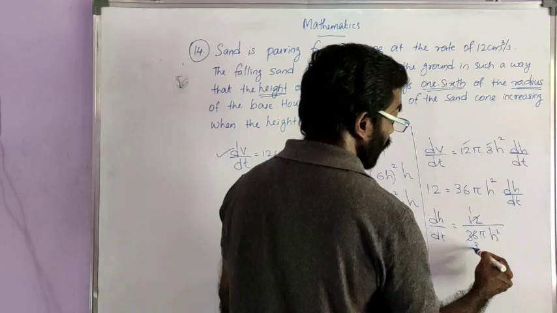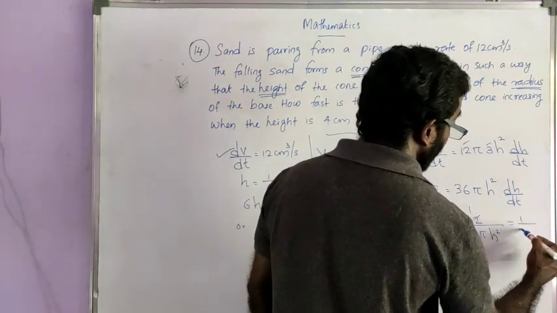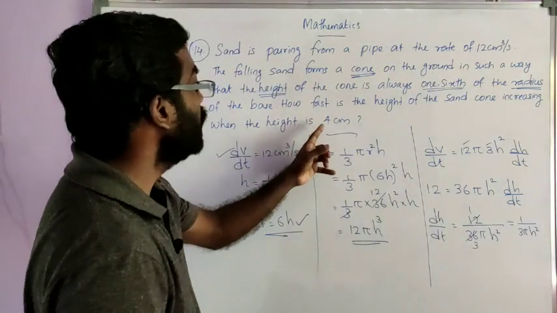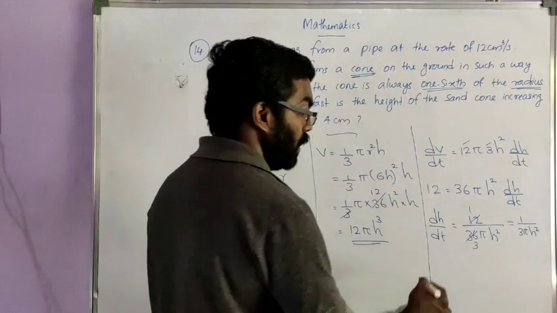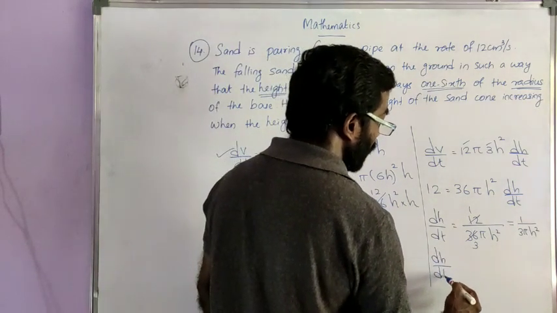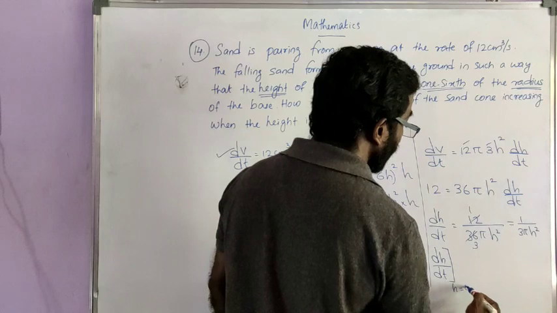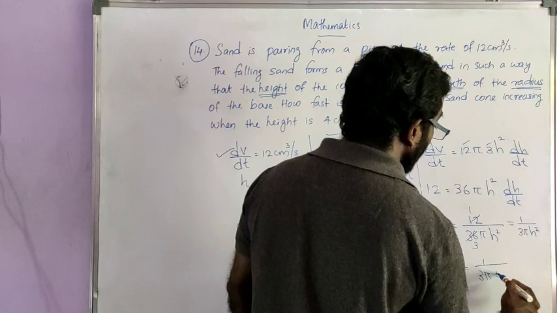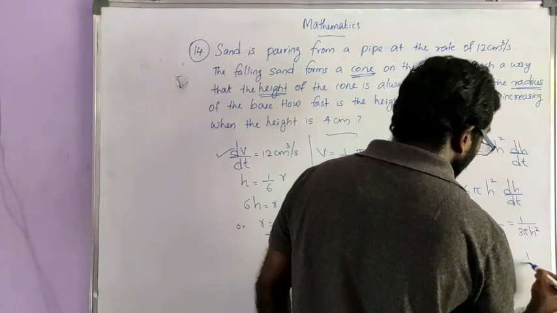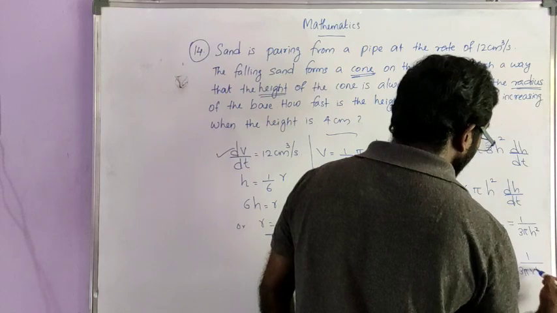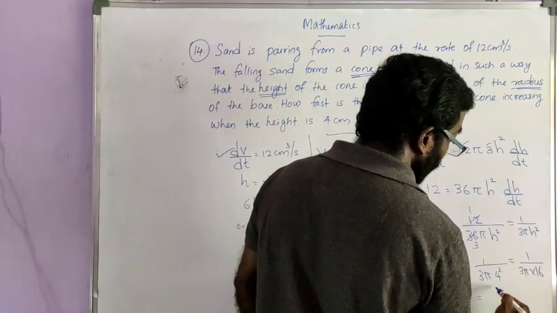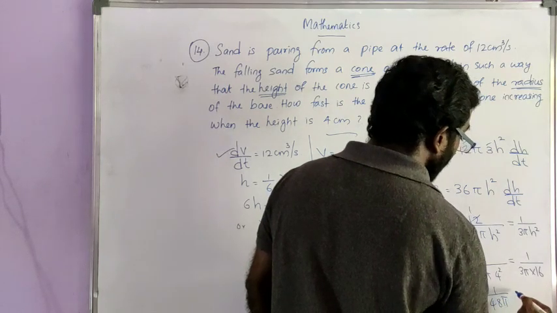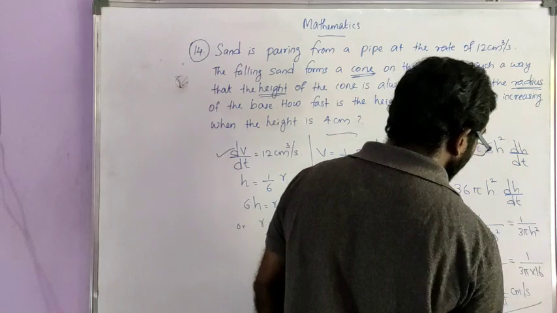Now we can cancel this one, 1 by 3 pi h square, and we are given the value of h as 4 centimeter. So dh by dt at h equal to 4 will be equal to 1 by 3 pi into 4 square, which is 1 by 3 pi into 16, which is 1 by 48 pi centimeter per second.